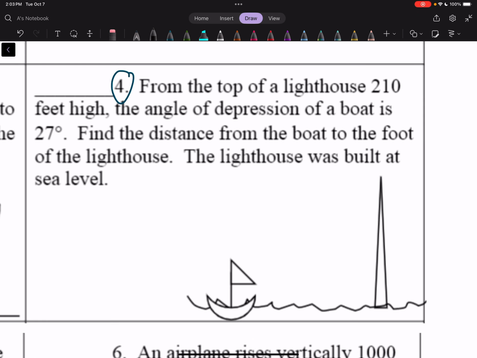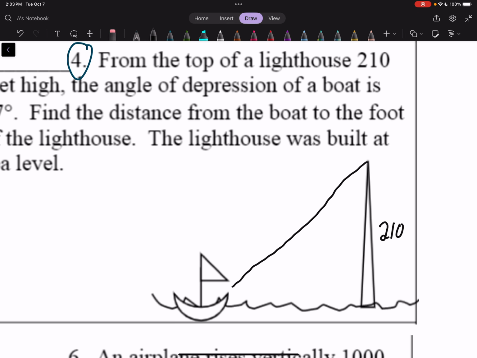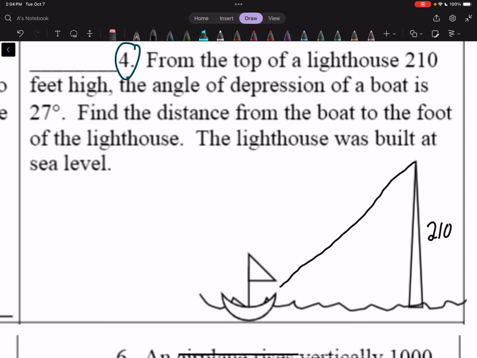Here's number 4. The top of a lighthouse is 210 feet high. The angle of depression of a boat is 27 degrees. Now, I'm looking down from the top of this lighthouse. It is not saying that the angle formed there is 27 degrees.